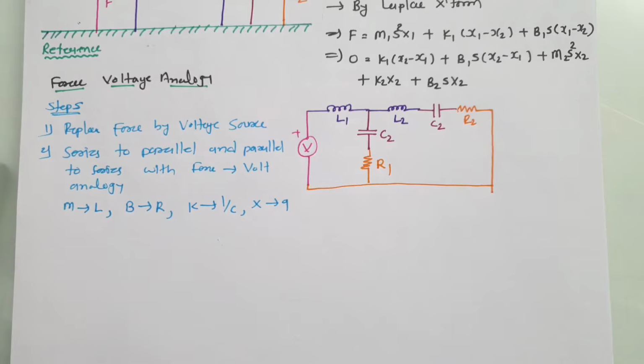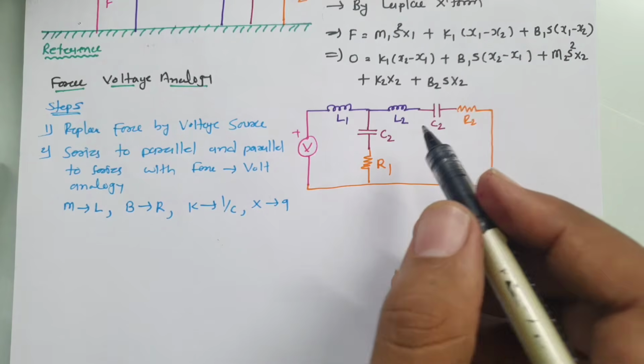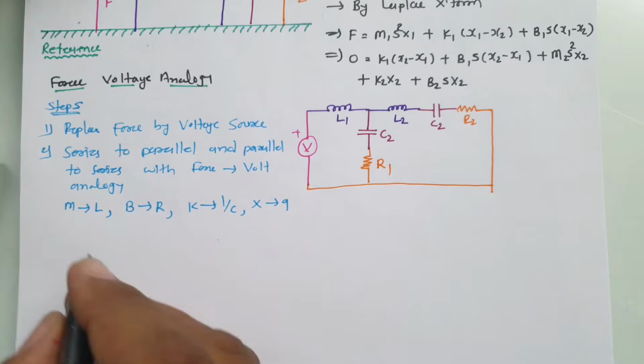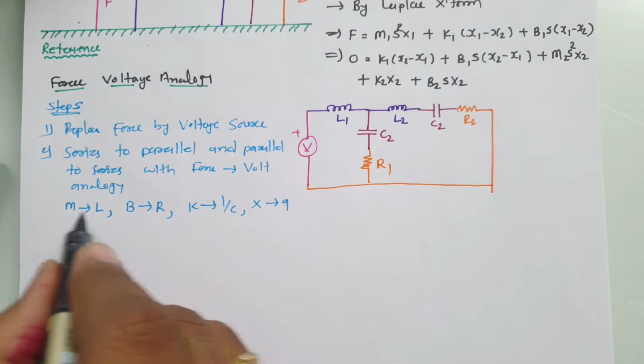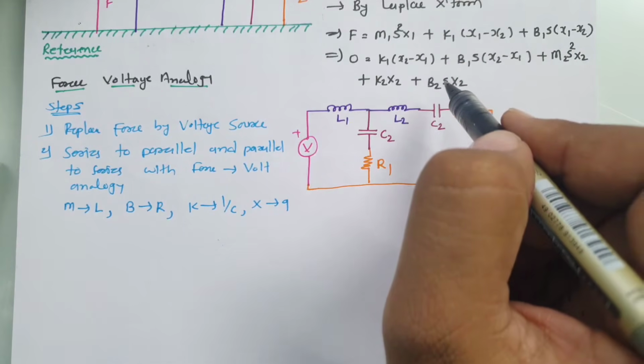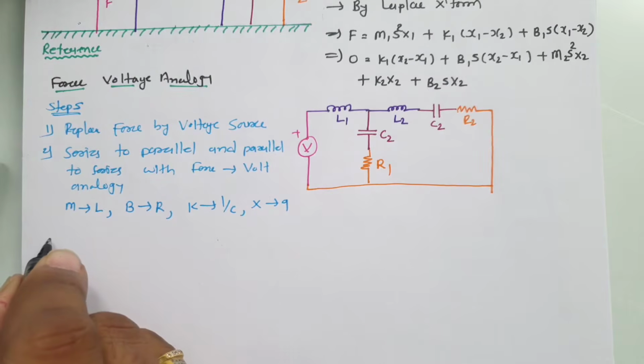Now I'll make this circuit a bit easier to understand after making the equation translation into the force-voltage analogy. As I have said, we need to replace these elements in this equation so that we can have an electrical equation. So let us do that first.